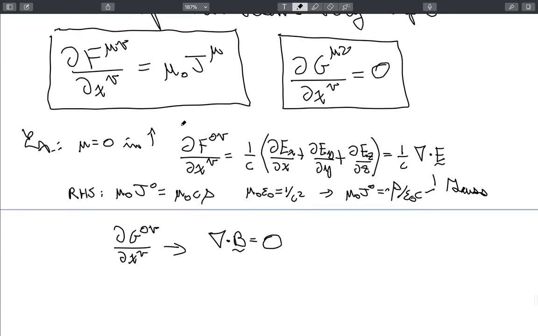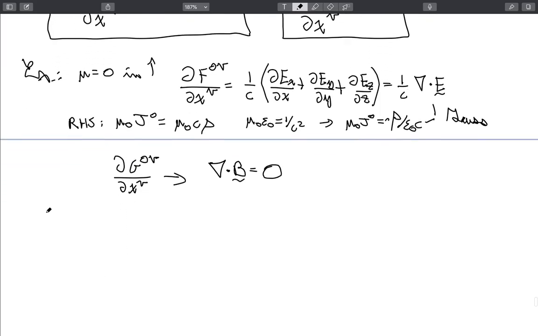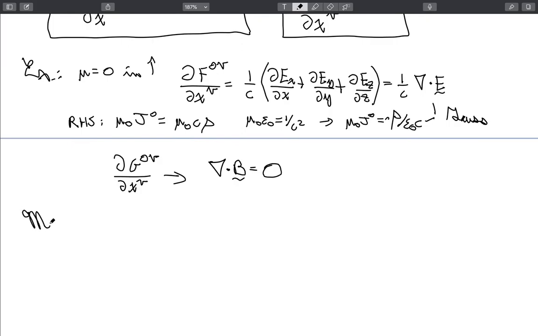Okay. Now a few more comments. You can write also a number of other things that we had seen. So the Minkowski force on a charge Q, I should say.